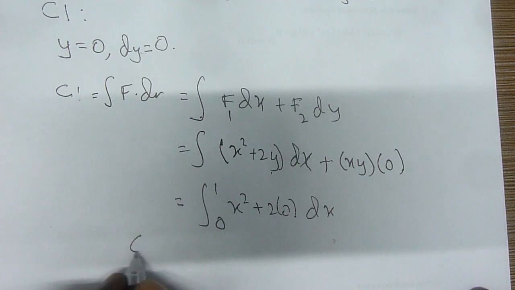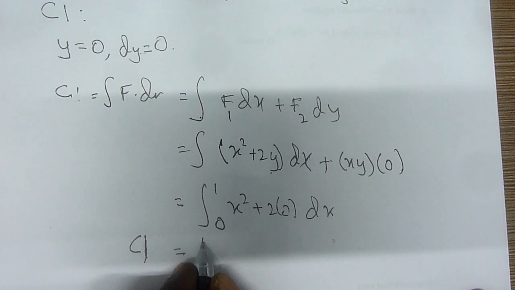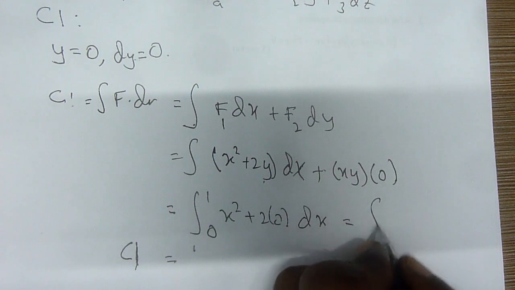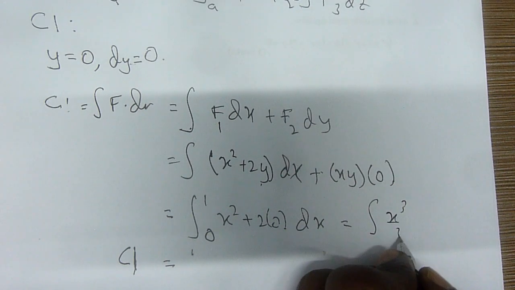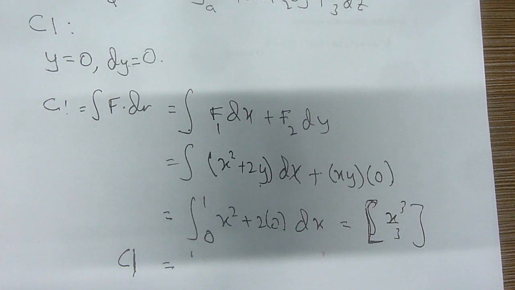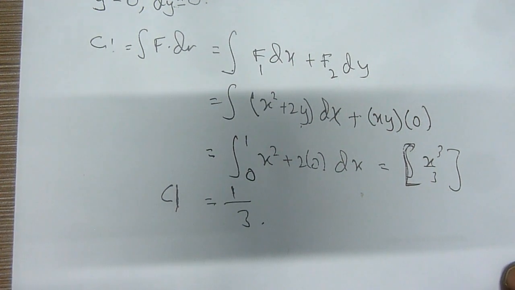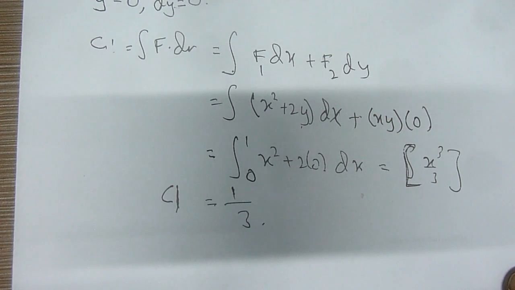Therefore the solution for C1 is the integral of x2 from 0 to 1. I hope that you can calculate this part here. Please calculate this, then you should be able to solve it by yourself. It's 1 over 3.